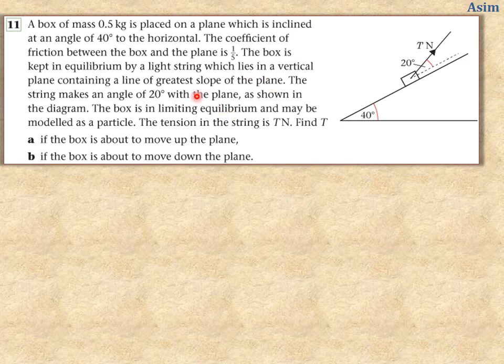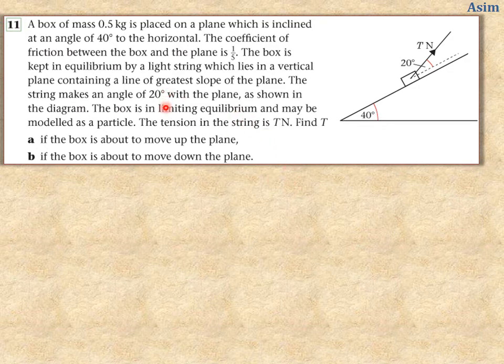Now let us take this question. A box of mass 0.5 kg is placed on a plane which is inclined at an angle of 40 degrees. The coefficient of friction mu is 1 by 5. The box is kept in equilibrium by a light string, 20 degrees here, 40 degrees here. Let's take the two questions. If the box is about to move up, it is just about to move, limiting equilibrium, the object is still at rest.